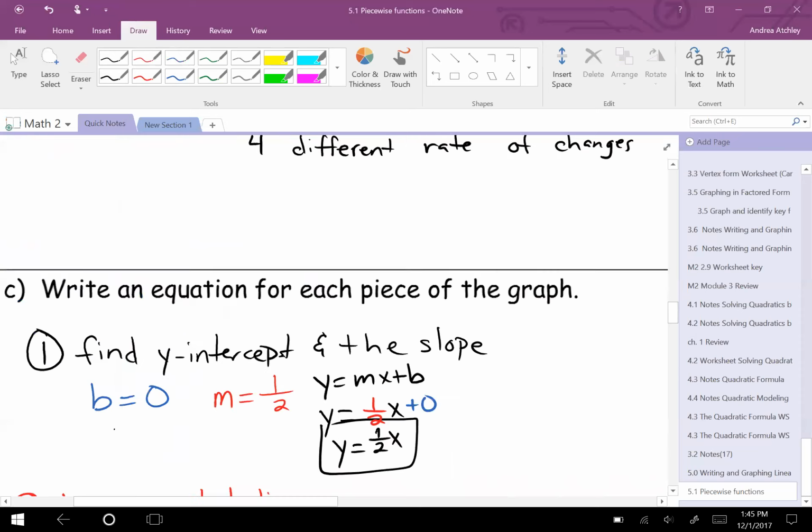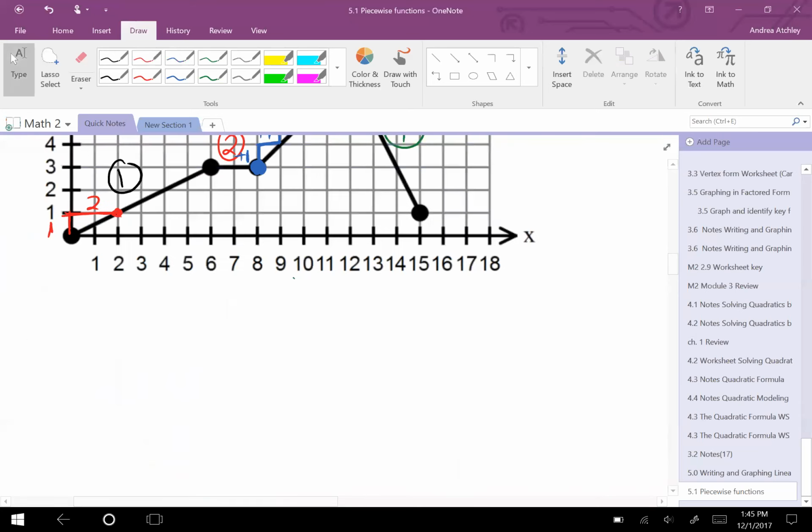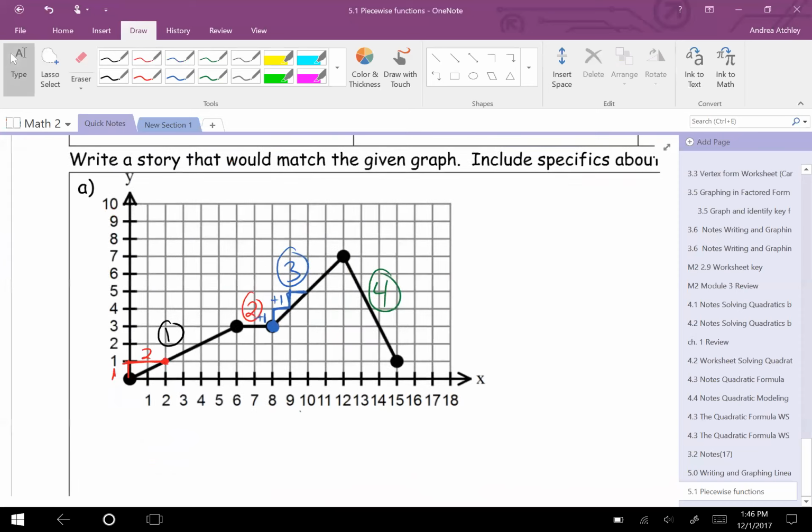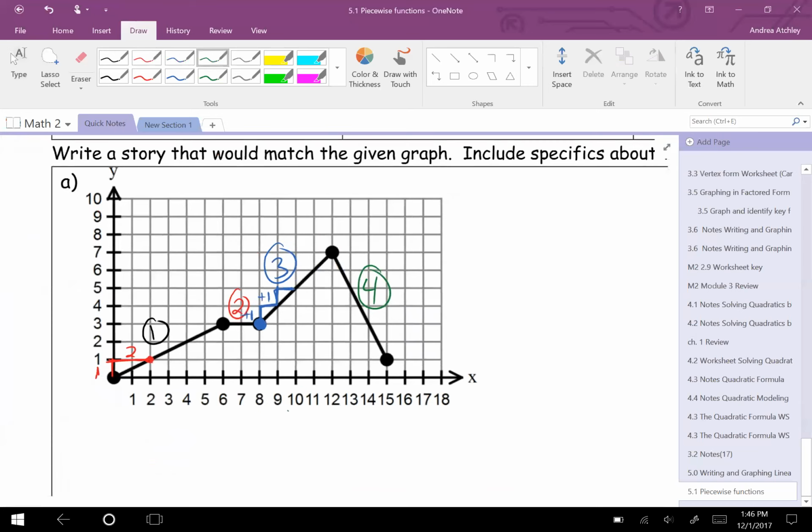Okay, the last piece of that, number 4. Again, we need the slope. So this time I'm going down 2, so it's negative 2, and to the right 1. I can try it again, make sure: down 2, and to the right 1. So my slope is negative 2. Looking at that graph, can I find the y-intercept?